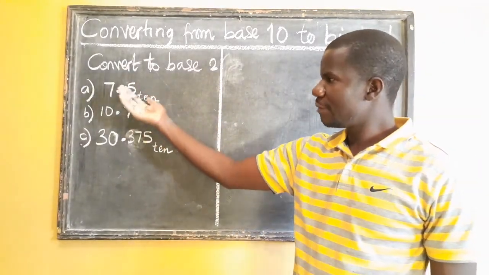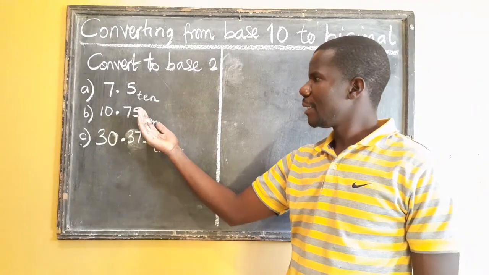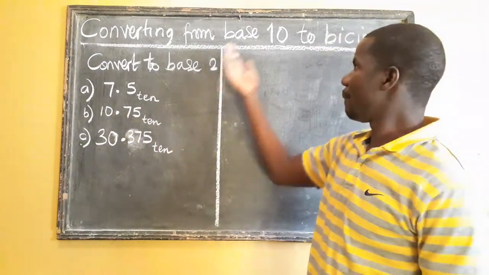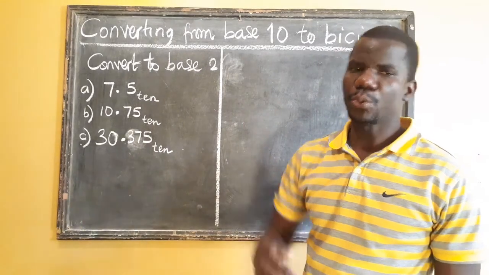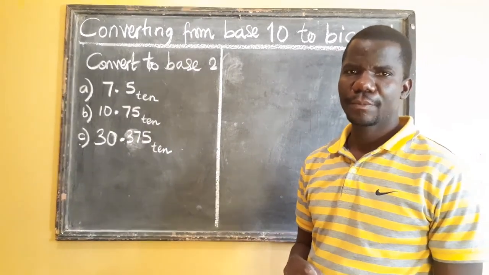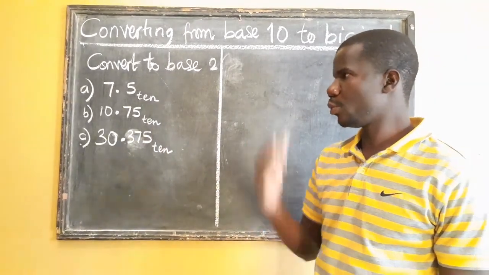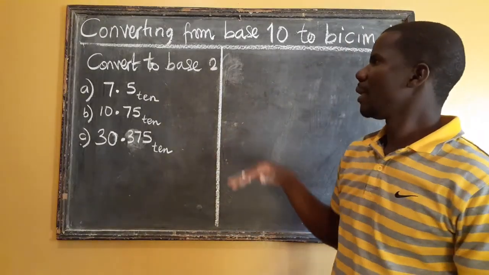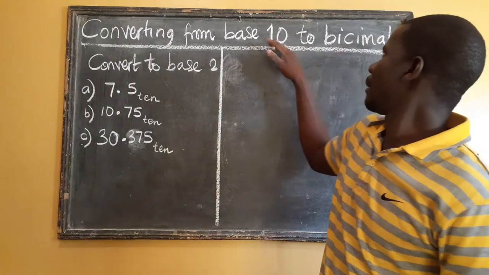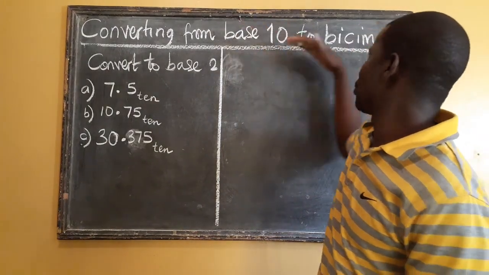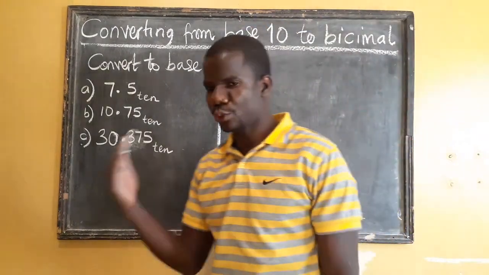So we want to convert them from decimal numbers to bicimal numbers. A bicimal number is a decimal number that is in base 2. So we want to convert from base 10 to bicimal numbers, those numbers that are in base 2.